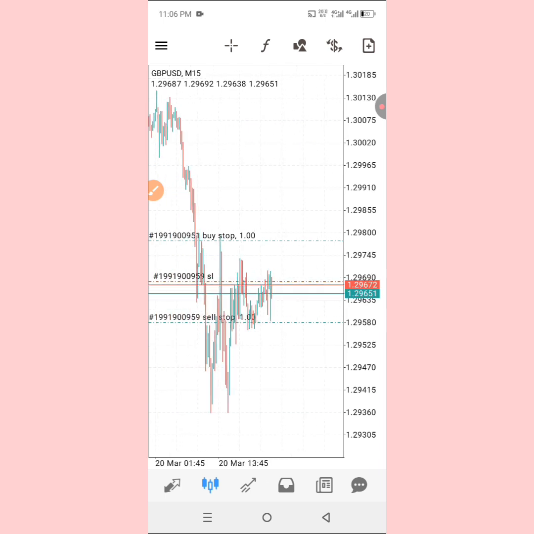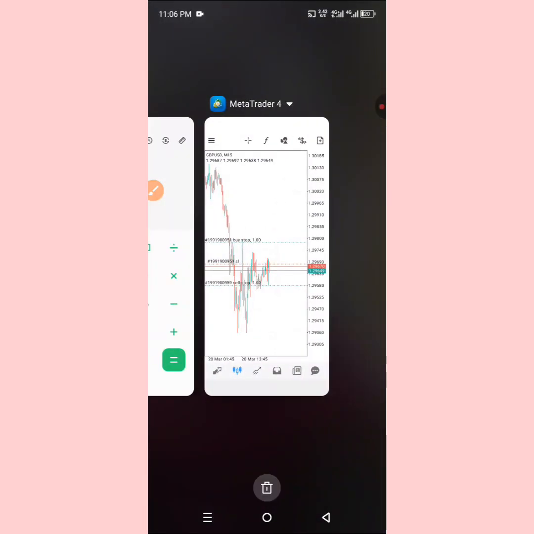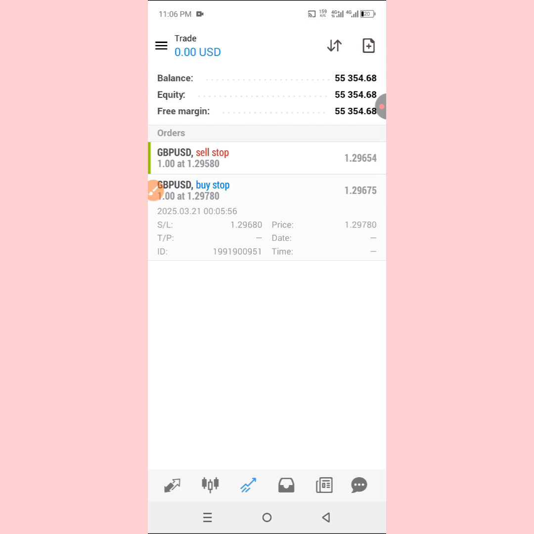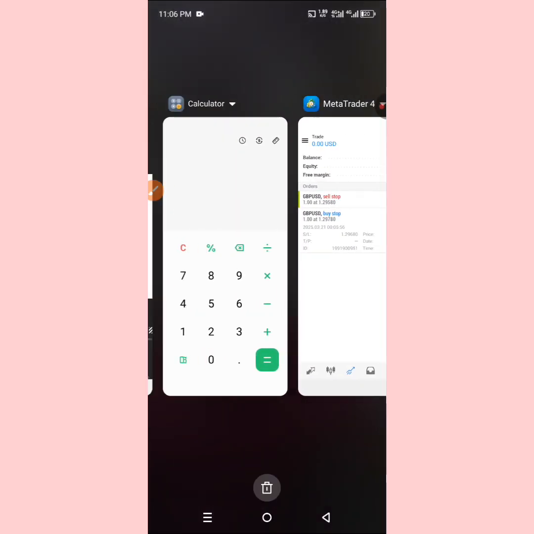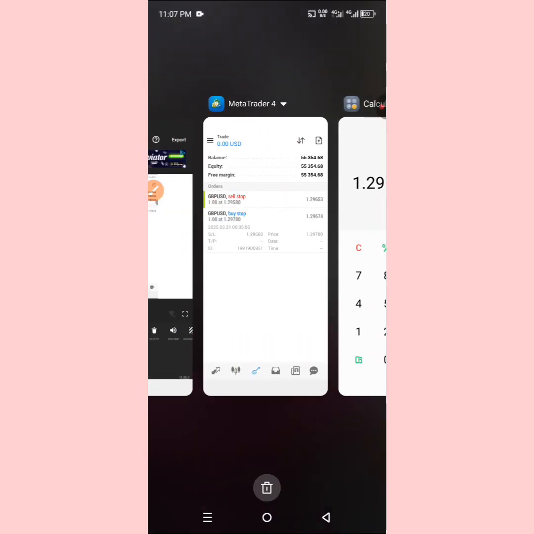So what I do is this. Here's how I calculate my pips. I go to my calculator and look for the entry price, 1.2958. Since this is the sell stop, minus 0.004 gives 1.2918.